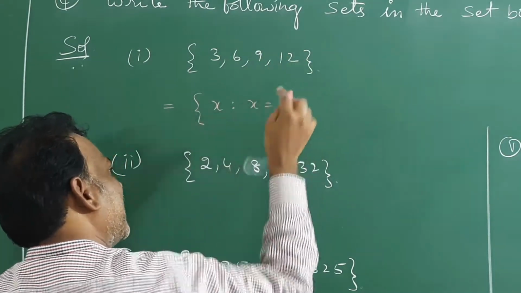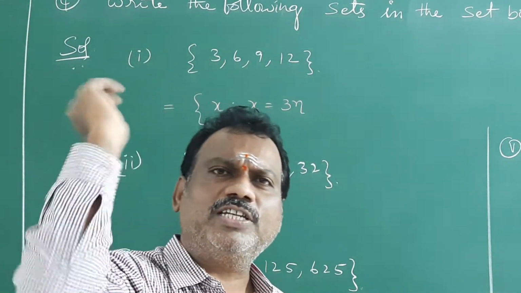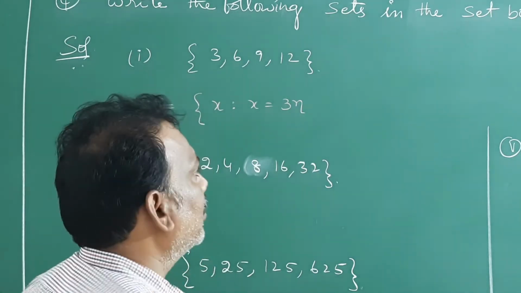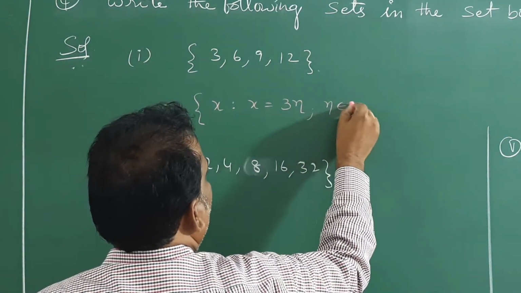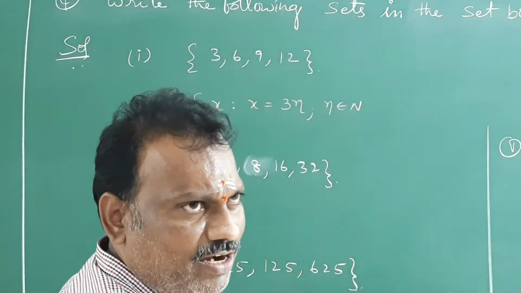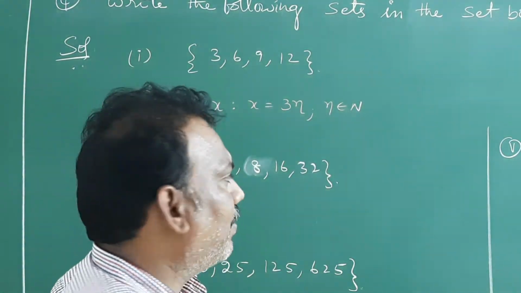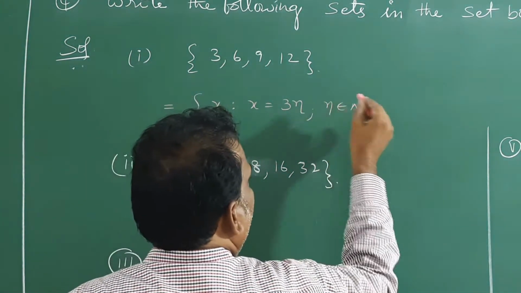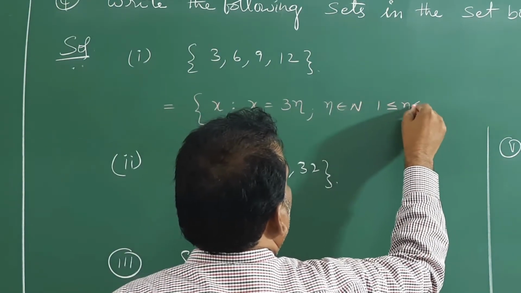What are you replacing in the n place? 1, 2, 3. 1, 2, 3 belong to which numbers? Natural numbers. That's why you write n belongs to capital N. But not all natural numbers are involved here. How many natural numbers are involved? 4 natural numbers. That's why this small n belongs to between 1 and 4.